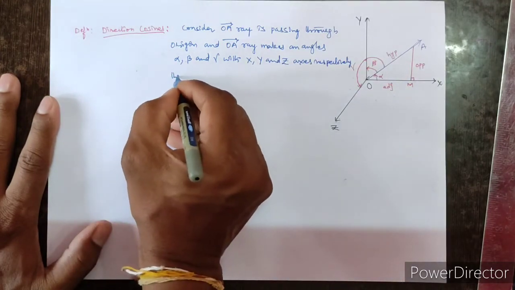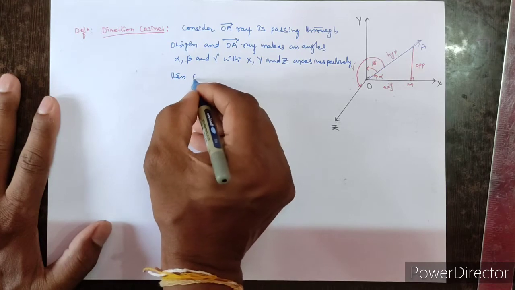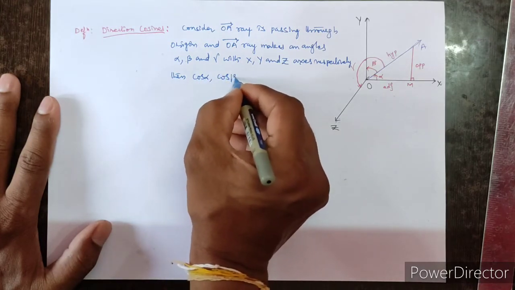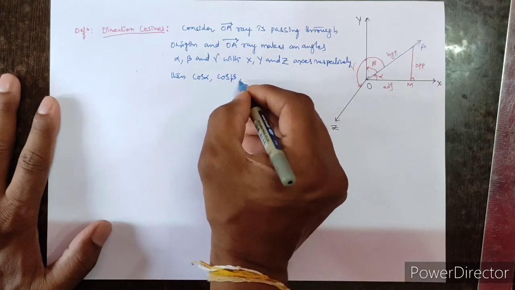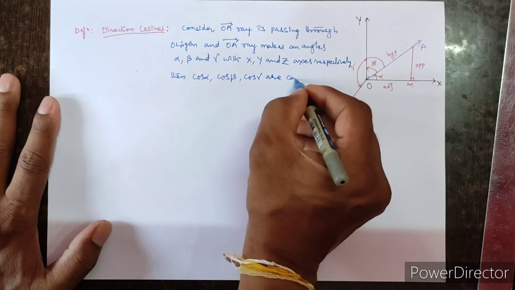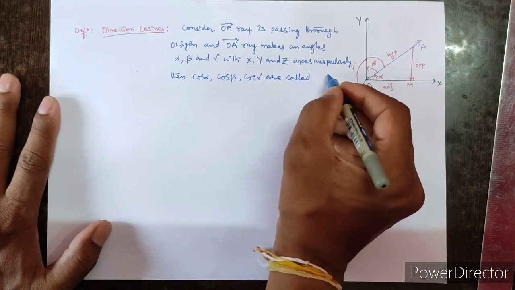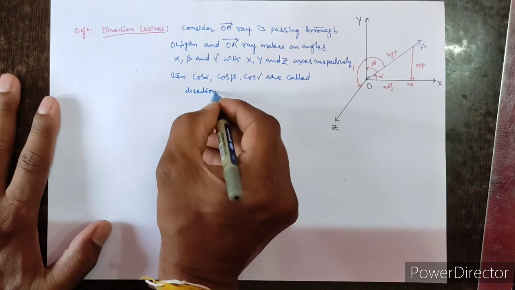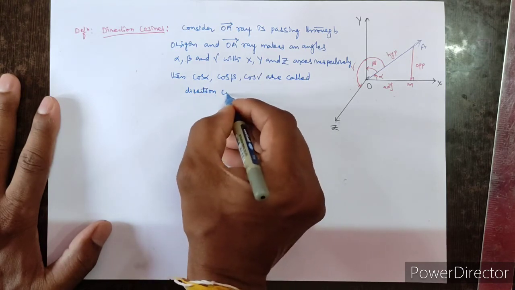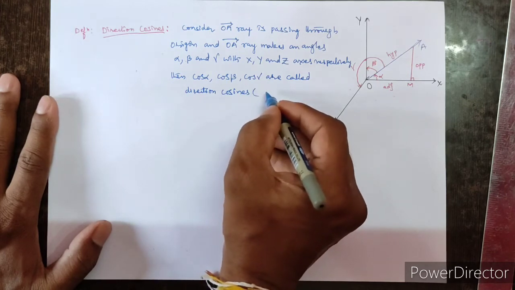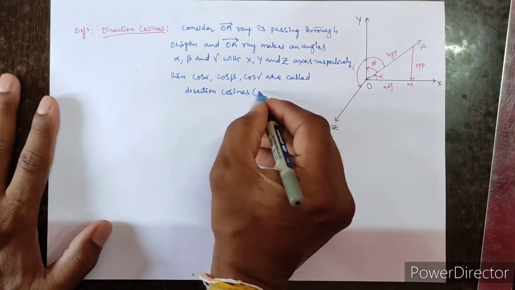Then cos alpha, cos beta, cos gamma are called direction cosines. In short form we are writing DCs.